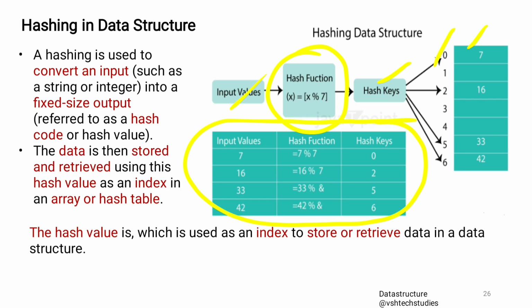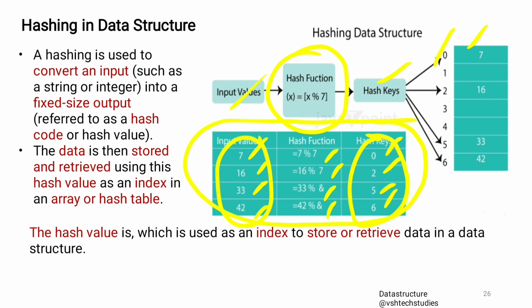These are our input data. This is the function employed. This is the hash key, meaning in this indexed position in the array, given values are stored. So it is a key value pair. Hashing means generating key value pairs for the given data.